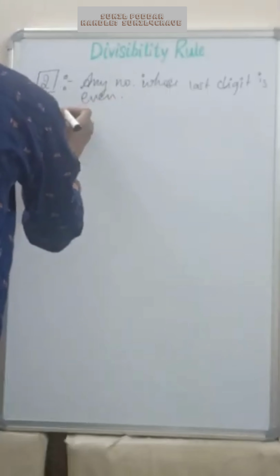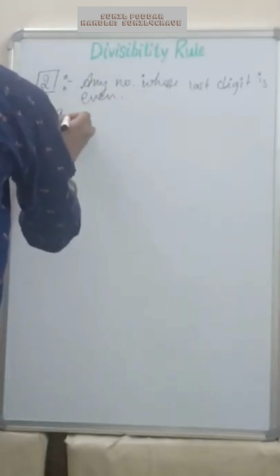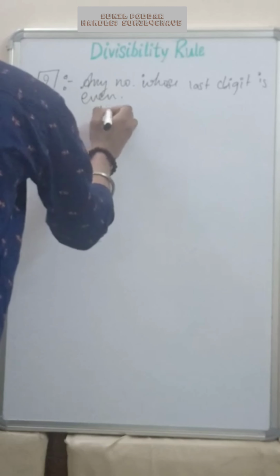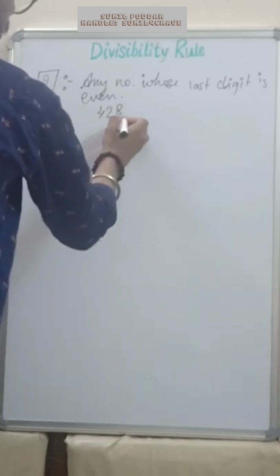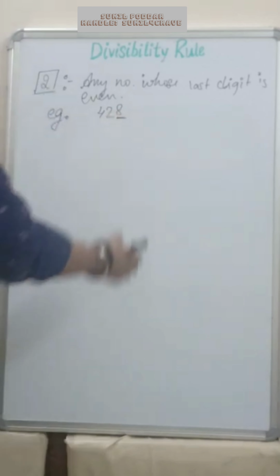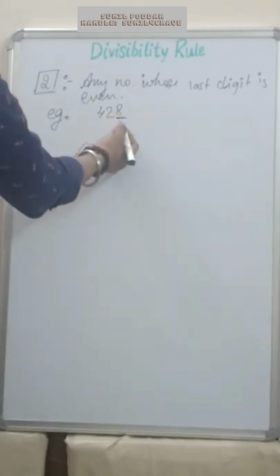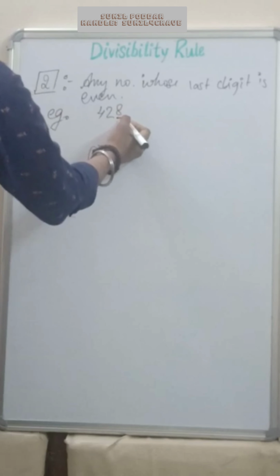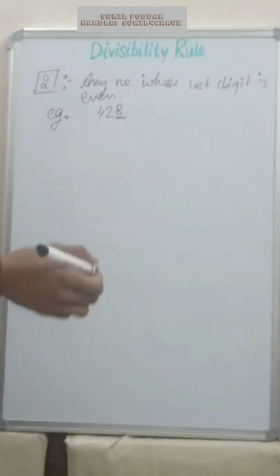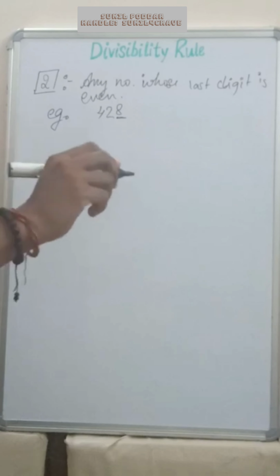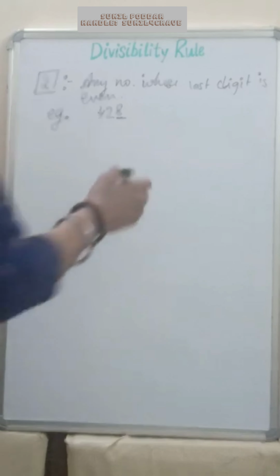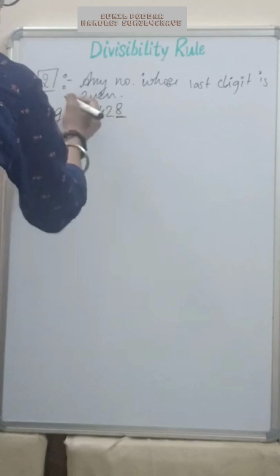Let's take an example: 428. Here the last digit, the one's digit, is 8. As you know from the multiplication table of 2, 8 is divisible by 2.